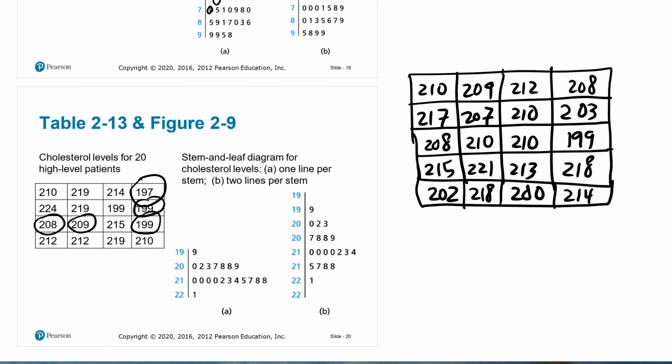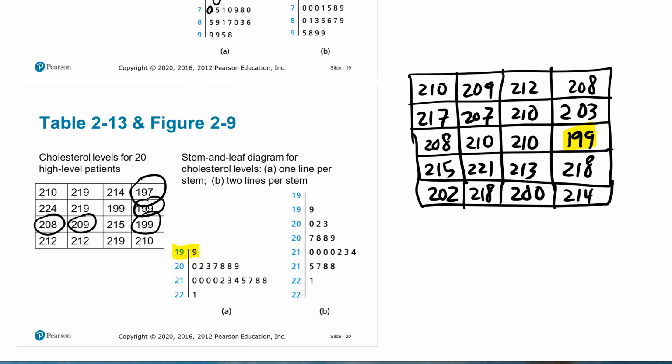So now what we have is there are several ways to present the stem and leaf plot. For this case, I'm going to show two things, and you will see the difference between them. When we started with 199, that's the smallest value I see in the table. That's where this went here.